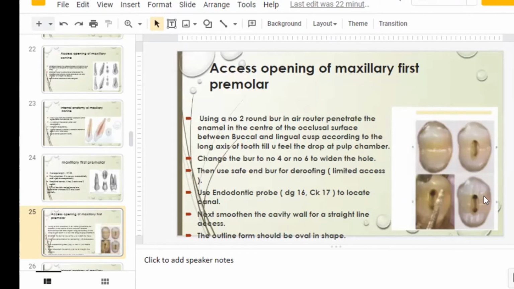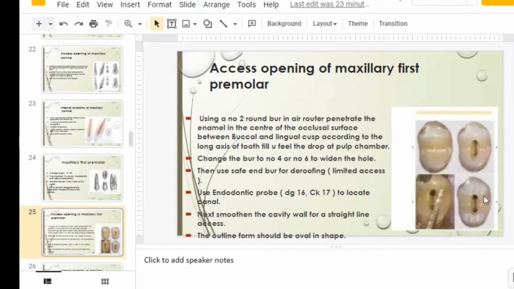So we feel the drop, and then we use the number 4 bur till the drop. So you have made a hole in the roof. Then you will use the safe-end bur, and de-roofing is done, oval in shape, in such a manner that you can see the dentinal map.